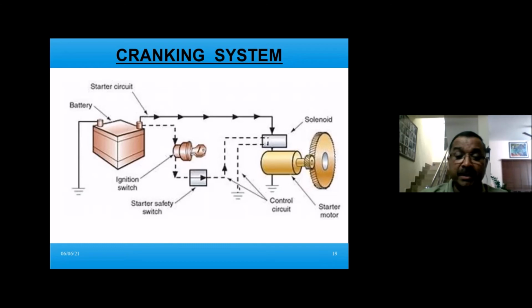At that instant, when you are turning your key, it will act as a switch, and this switch will be closed, and it will further close another switch, a solenoid switch. Solenoid means an electrically operated switch. That switch will be operated, and the power will operate this electrical motor, and the engine will get cranked.